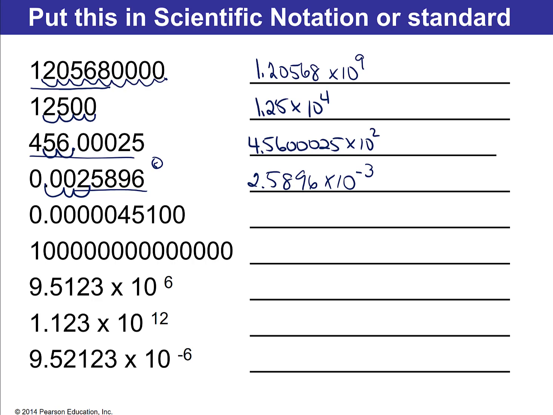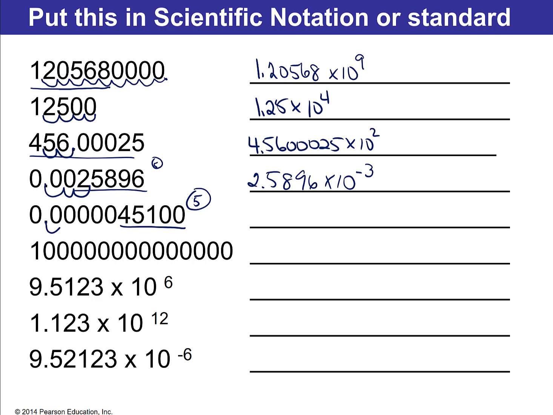Okay? So like in this one, how many significant figures in 0.00000045100? So there's 5. Zeros at the end, if there's a decimal, those stay. There's 5 significant figures. So I have to start from my decimal place and move the decimal till I get a number between 1 and 9.